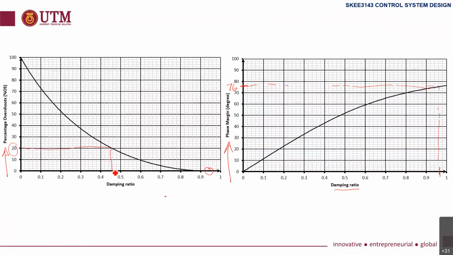We know the zeta is about 0.46. So we want zeta 0.46 in order to achieve overshoot 20%. Zeta 0.46 from the second graph, we can obtain the desired phase margin, which is about 48 degrees.